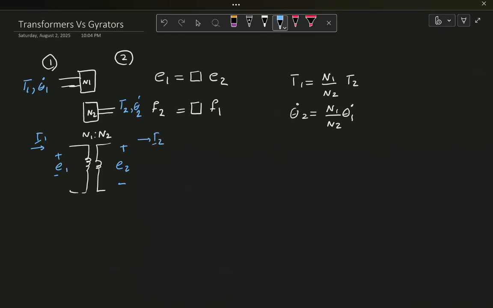And you will get a very similar formula: E1 was equal to N1 over N2 E2, and then I2 was equal to N1 over N2 I1. Very similar idea, yes? Now, we want to talk about something different.